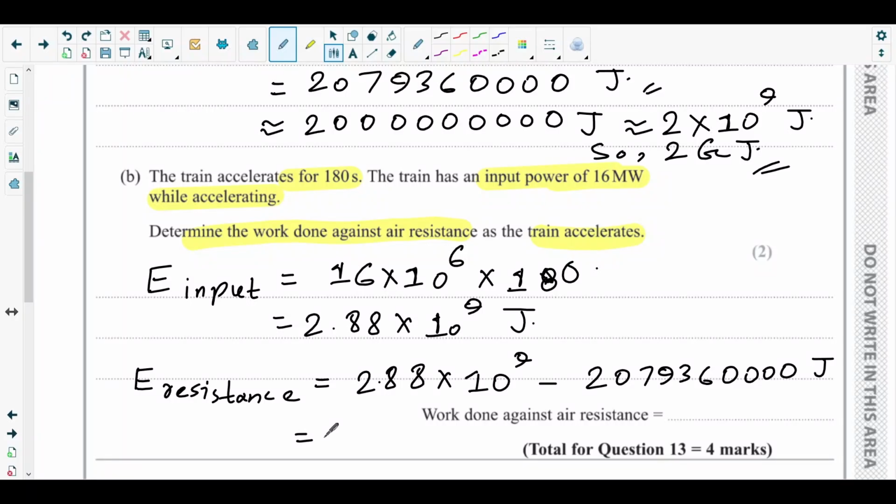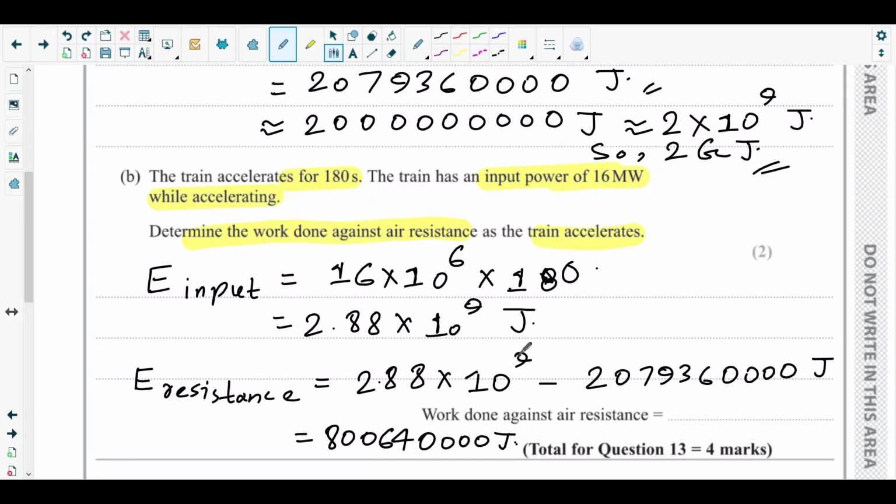Let's calculate it out. That would give you about 801 followed by some zeros joule.